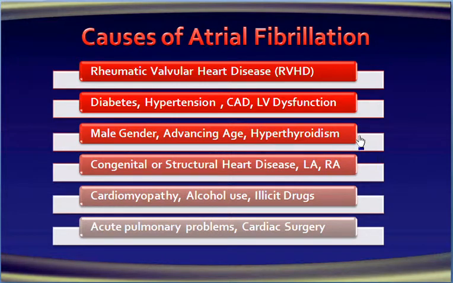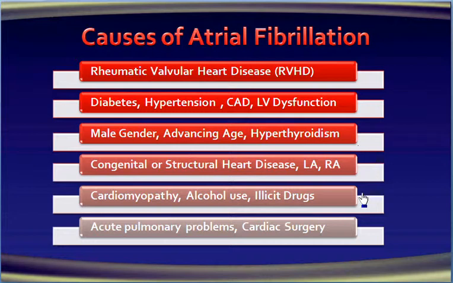Male gender, advancing age as we have already seen, and hyperthyroidism are known to be associated more with atrial fibrillation. It is important to identify any congenital or structural heart disease underlying, particularly those which involve the dilatation of left or right atria.